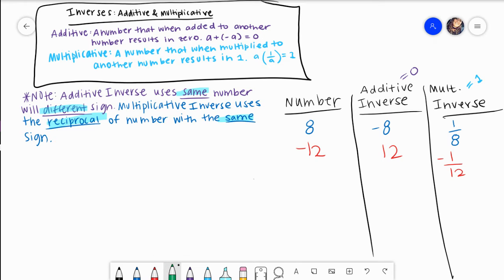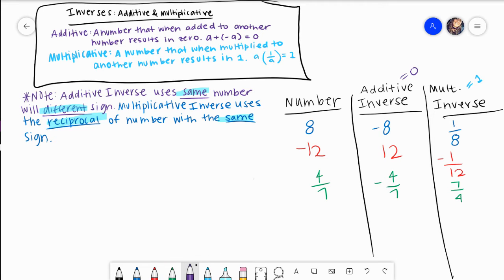Okay, what if we have a fraction, 4 over 7? Well, the additive inverse tells me same number, different sign. Even if it's a fraction, it's just the same fraction, okay? And then the multiplicative inverse tells me to use the reciprocal with the same sign.